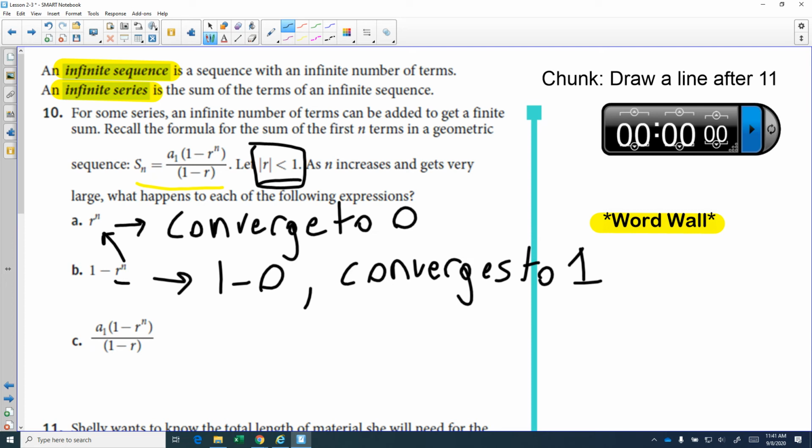In this second portion, this 1 minus R of n converges to 1. So I can rewrite this: if I have an infinite sequence and I want to find the series of it, I just need to take A of 1, because this portion approaches 1, so A of 1 times 1 stays the same, divided by 1 minus R. This is the sum of an infinite sequence.